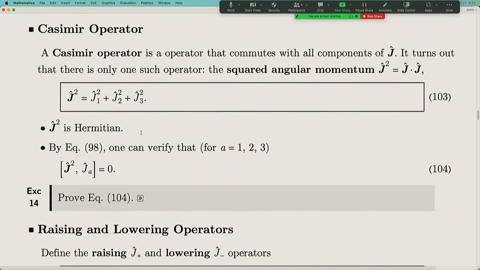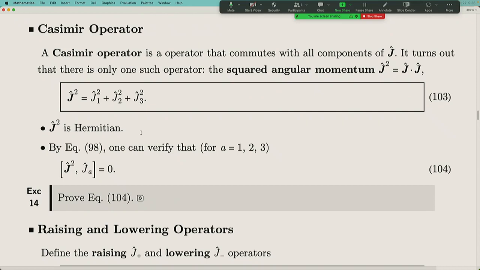For angular momentum, there's another operator. Besides defining J1, J2, J3, there's another operator which can be made out of them, called the Casimir operator of angular momentum, or sometimes the square of angular momentum, which is J dot J, which is J^2 = J1^2 + J2^2 + J3^2. I should emphasize these are not numbers; these are all operators.